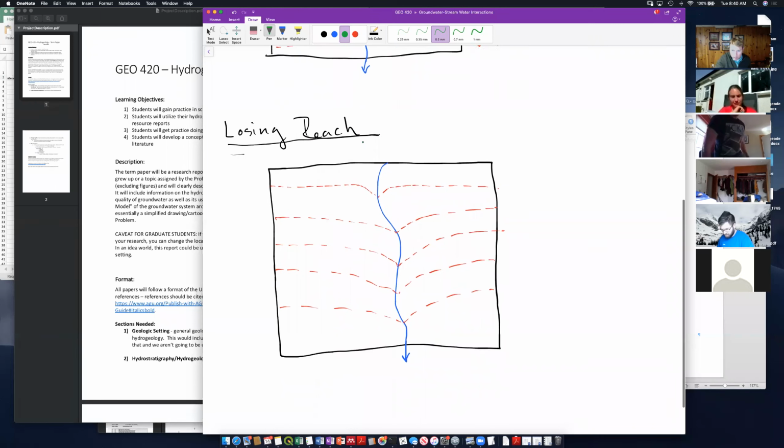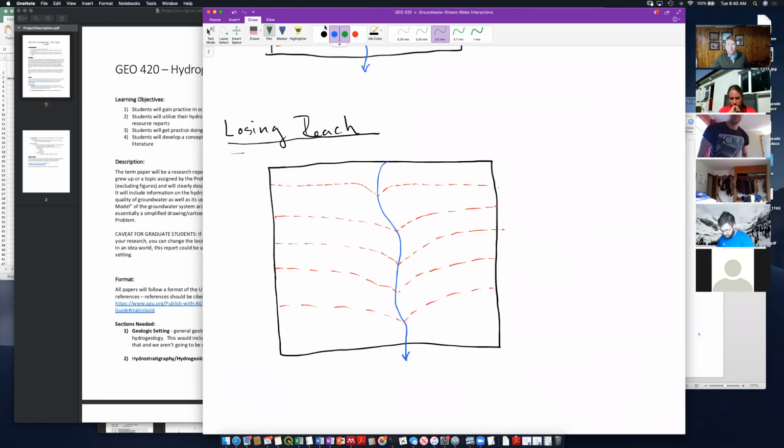Okay, so now let's follow some flow paths. They would tend to bring water away from the river. So we would have flow paths that originate at the river and move out.